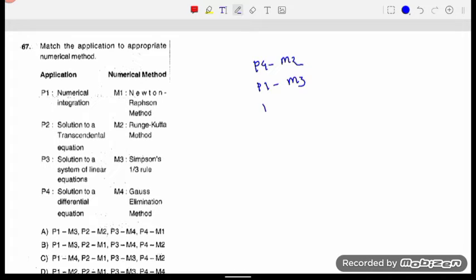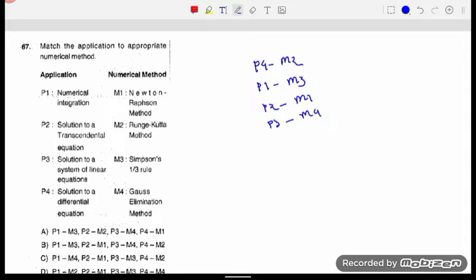P2 is the Newton-Raphson method, that is M1. So P3 remains, and it must be the Gauss elimination method, that is M4.